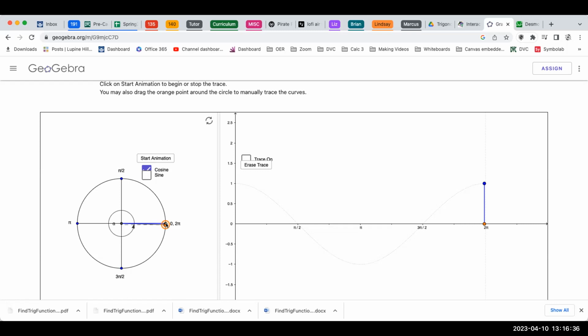Then you get pi over 2, which is 1. So then we have the point here at pi over 2 comma 1. And you get pi. Sine of pi is 0, so then we get that point right here.